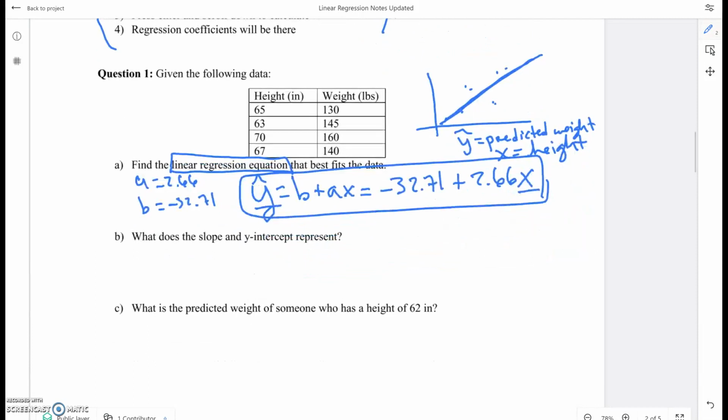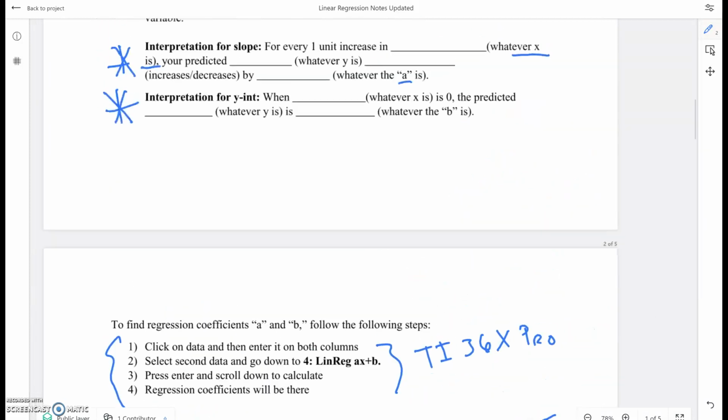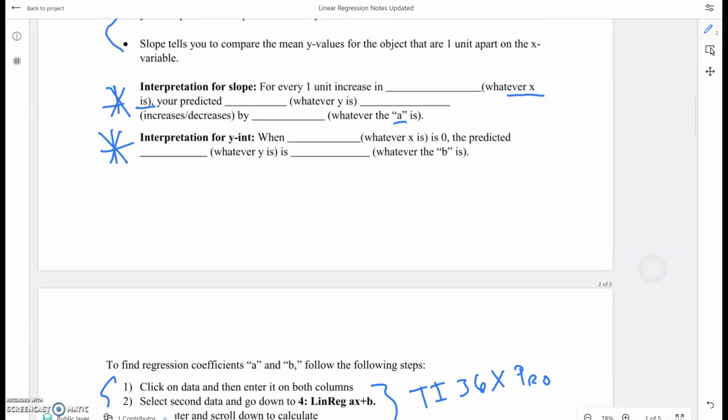All right, so what do the slope and the Y-intercept represent? First of all, we have to go back and see what exactly my slope and my Y-intercept represent. I can just write down this: for every 1 unit increase in whatever X is, your predicted Y increases or decreases by whatever that is.